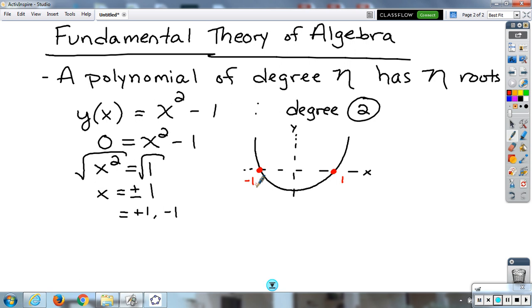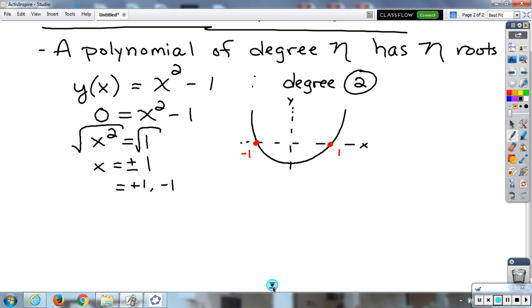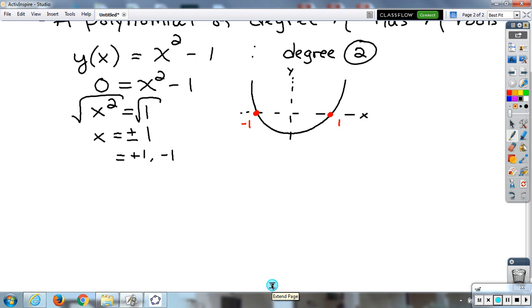There's one example that seems a little strange. For instance, you can FOIL this out if you wanted to, but I'll keep it as this factor.